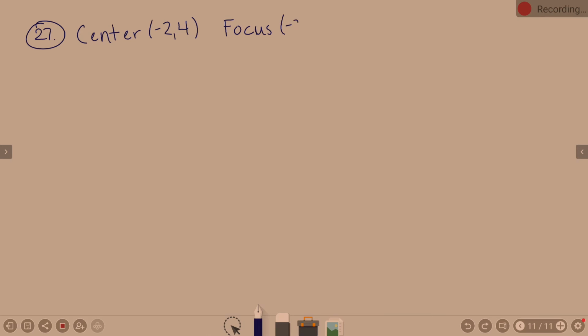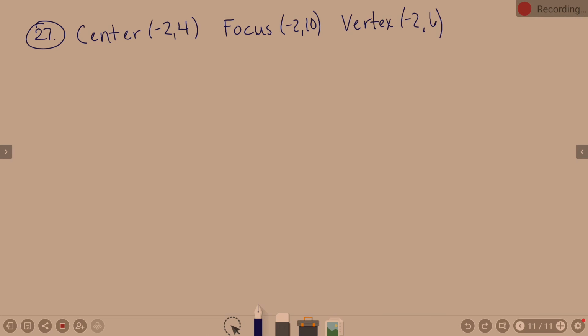Focus, -2, 10. Vertex, -2, 6. Surprised at myself, I didn't draw a picture here. I might draw a picture and see if that helps you guys. Okay. Trying to write the equation of the hyperbola.